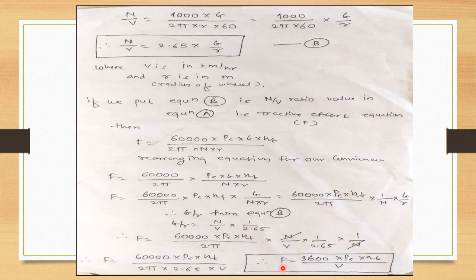So F is equal to 3,600 into P into eta t divided by V. We directly take this value of F, that is 3,600 into P into eta t divided by V, in the acceleration equation. This is how we calculated the tractive effort value.